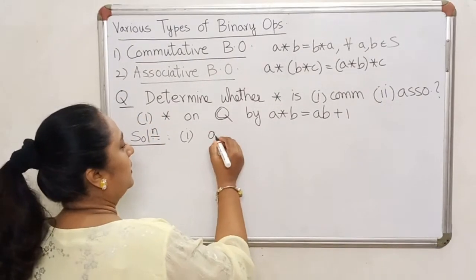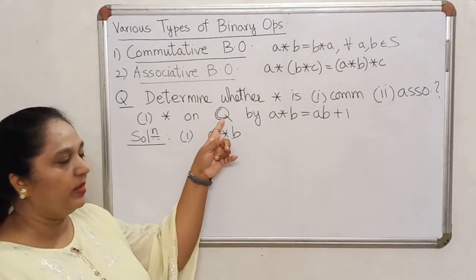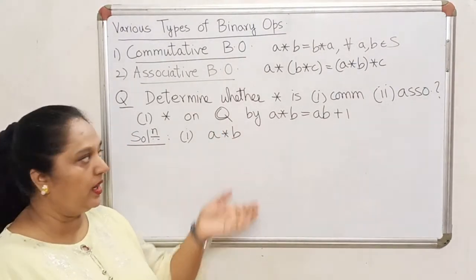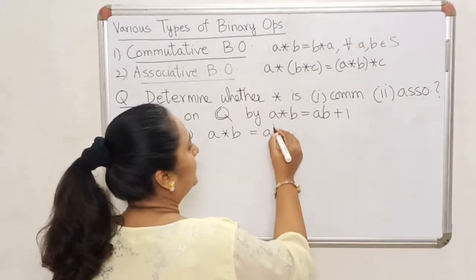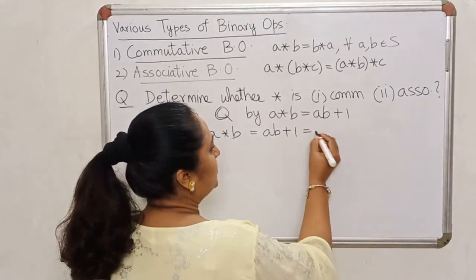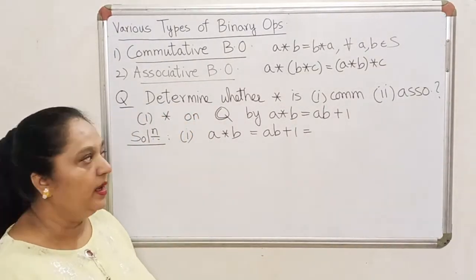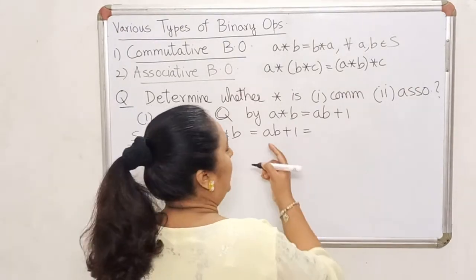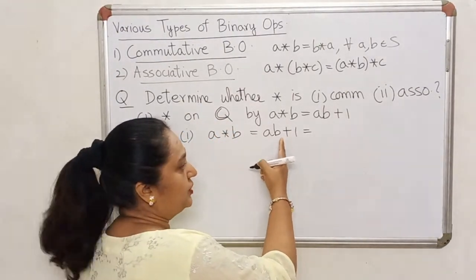So let's look at A star B. You actually start with any two elements of the given set, arbitrary elements of the given set, and look at A star B, that is AB plus 1, and AB plus 1 can also be written as A into B. This is usual multiplication of rational numbers.